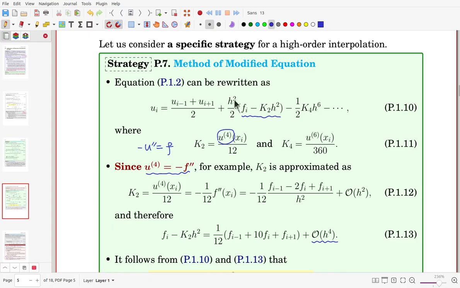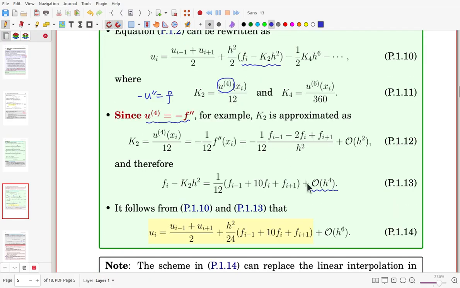Now, again, we have h squared here, so u_i is this linear interpolation plus that term and a sixth order remainder term. So if we use all of this, then this scheme will be a sixth order approximation.